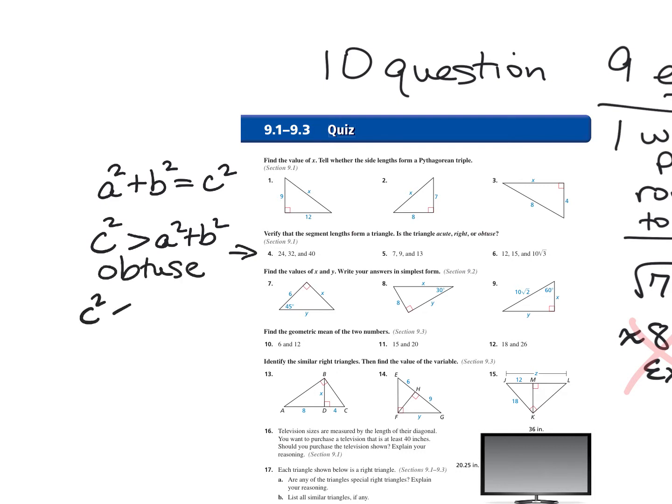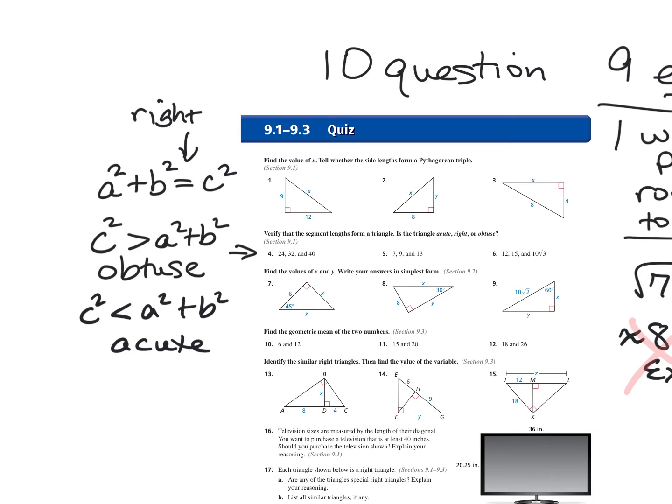If c squared is less than a squared plus b squared, then it's acute. Remember, if a squared plus b squared equals c squared, then it's a right triangle. So this is what you needed to use for numbers 4, 5, and 6.